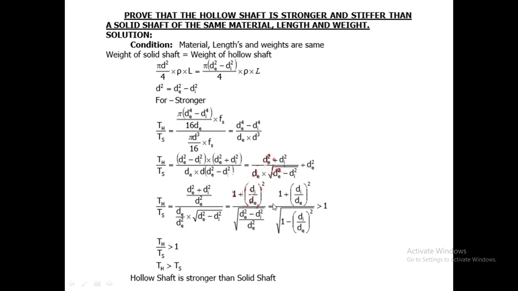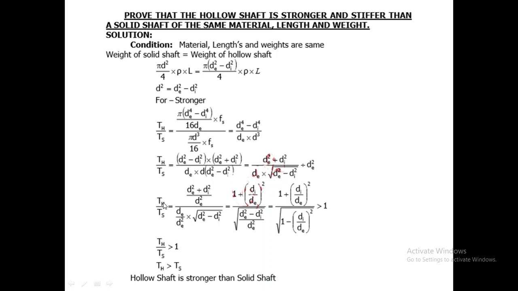So here we don't have the values, so you can just analyze that the ratio will be greater than 1. So this ratio cannot be less than 1 here. If you take any values and assume some values for these two, this ratio will be greater than 1.